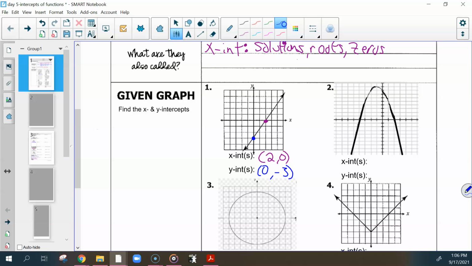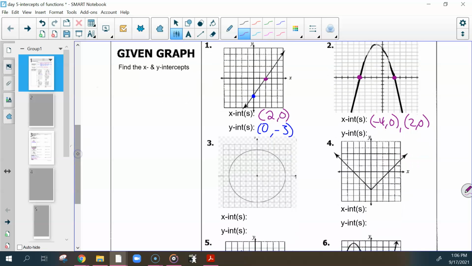Jump to number 2. What are the x-intercepts there? Negative 4 is one of them, and positive 2 is the other. So you could list them both as ordered pairs, or you can list them as x equals.